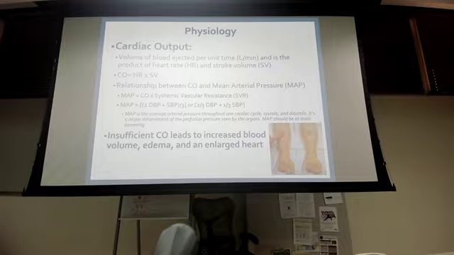So these different reactions that the heart and your body is having to need to increase cardiac output because there's not enough, actually are what progress the disease and cause chronic heart failure to worsen.